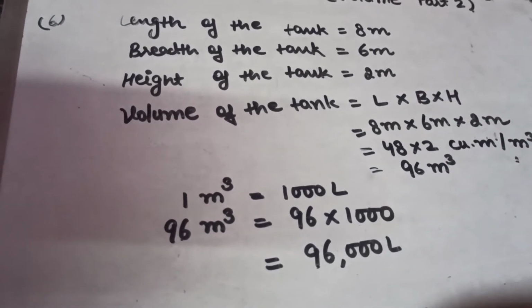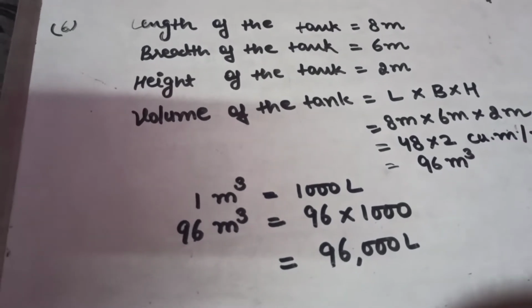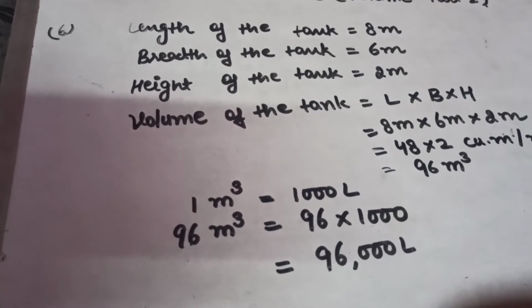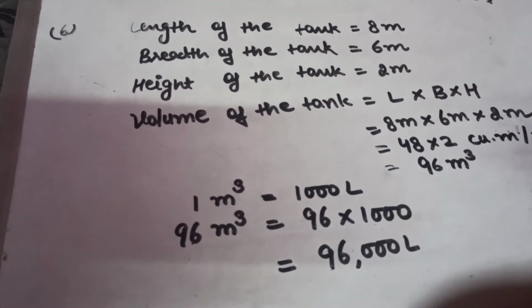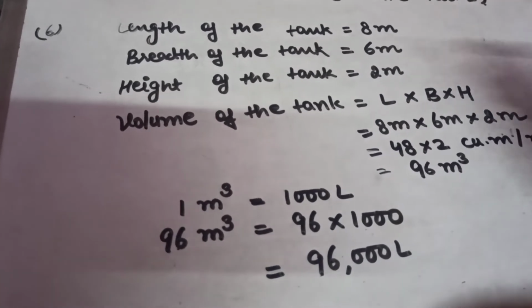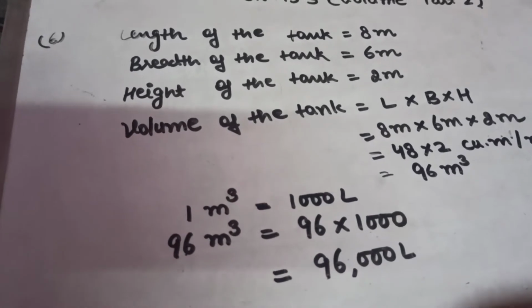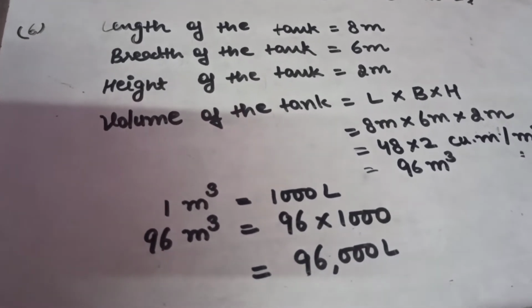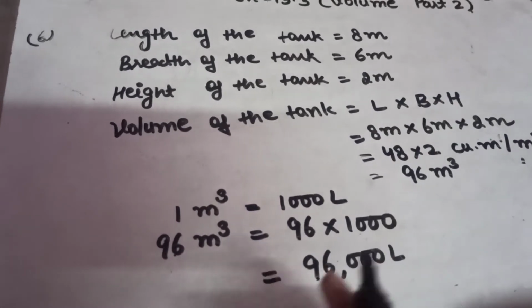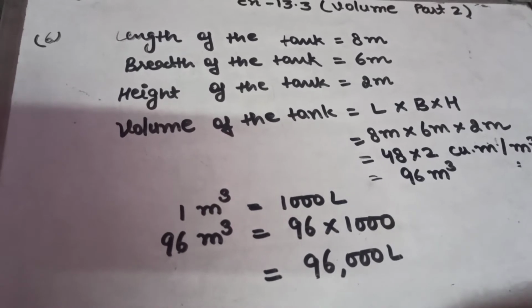The formula is same. See, here it is given cuboidal, and in cuboid you know the sides and the edges are different, and even in this you can check like this also, that length breadth and height all are given separately. So clear? So in bracket it is also mentioned 1 meter cube equals to 1000 liter, right?